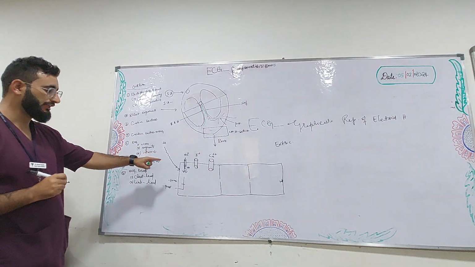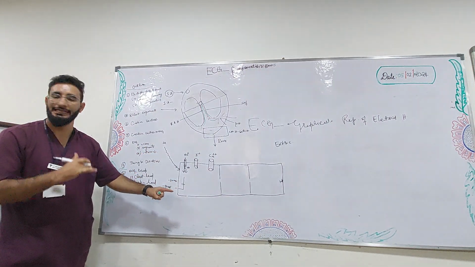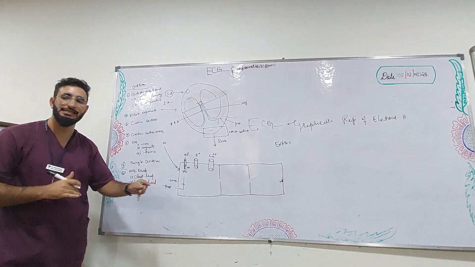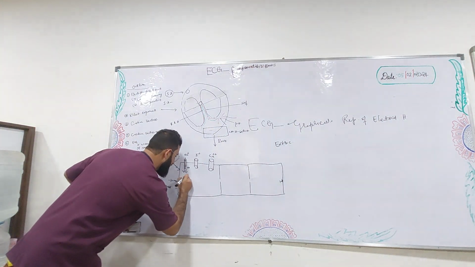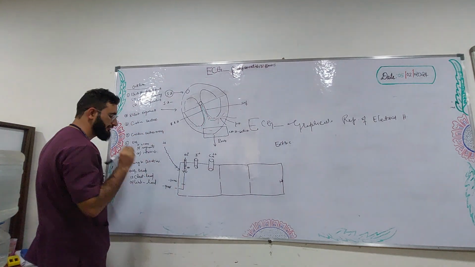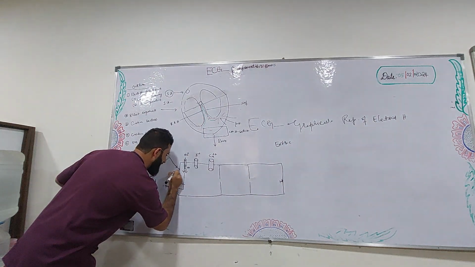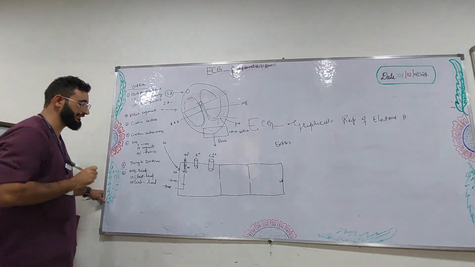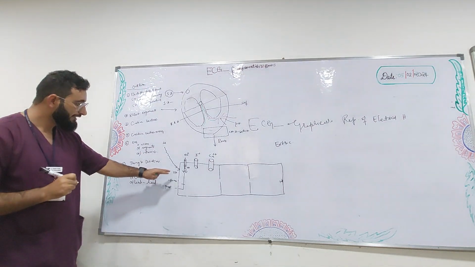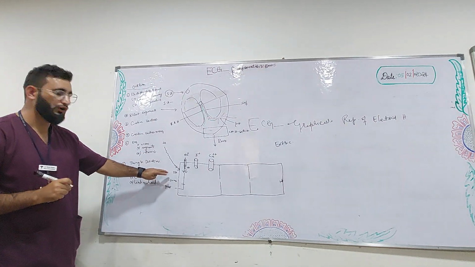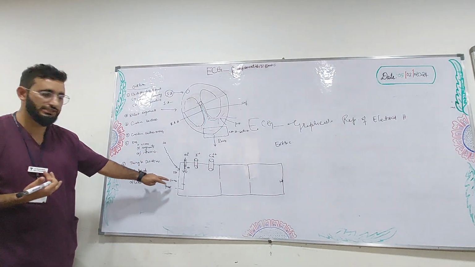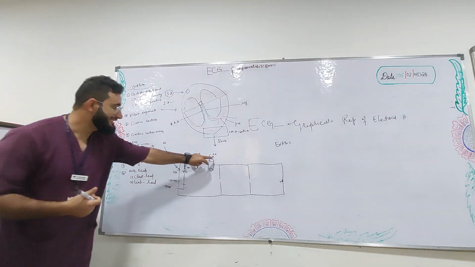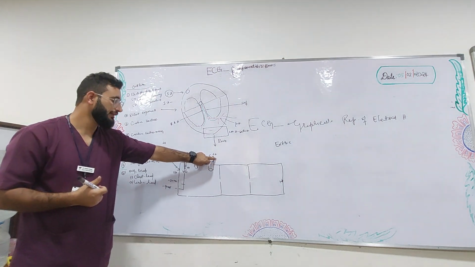Whenever there is a rapid influx of sodium, the negative polarity will decrease and the positivity will increase. Eventually, it will reach up to +10. When the line gains positive charge, this channel will get stimulated.